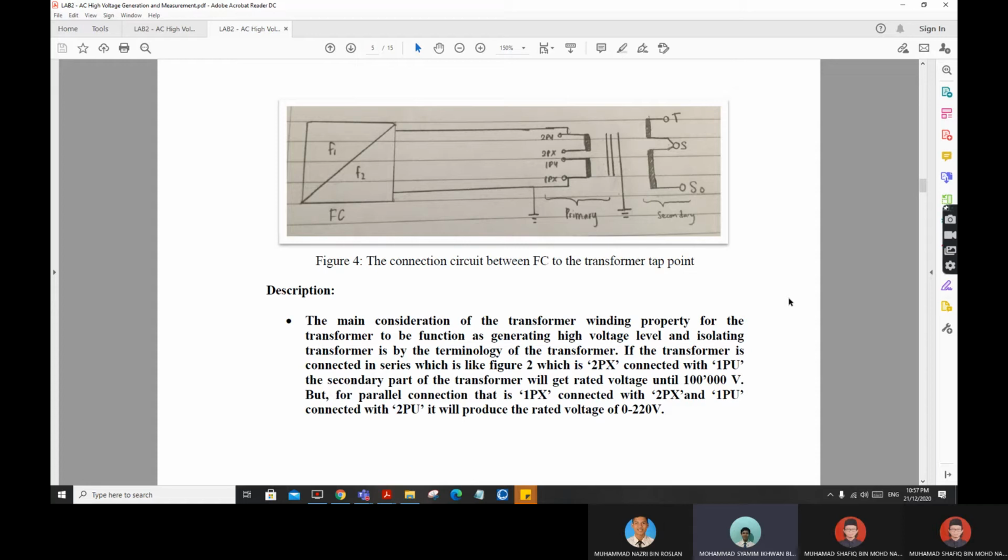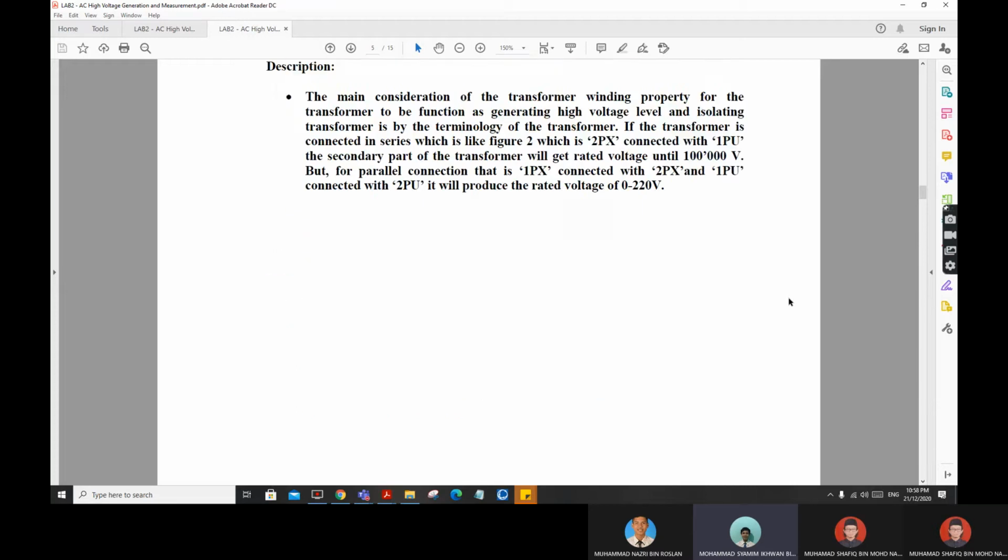For the parallel connection, 1PS is connected with 2PS and 1PU with 2PU, and it will produce a rated voltage of 0 to 220 volts.